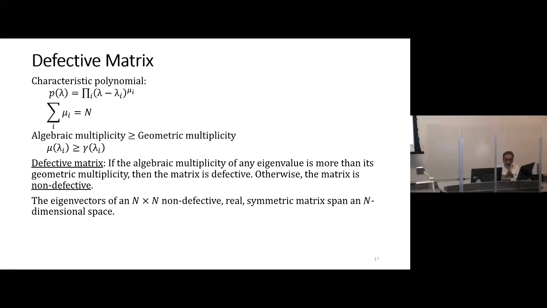So if you're given a non-defective matrix, the eigenvectors would span n dimensions. In other words, they can act as basis vectors in n dimensions. So if this is x, then y equals Ax is also n-dimensional. But note that even if A were a singular matrix, it could still be non-defective. It'll have n different eigenvectors.